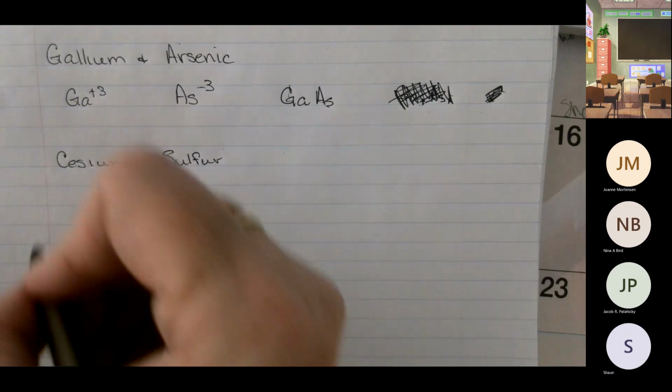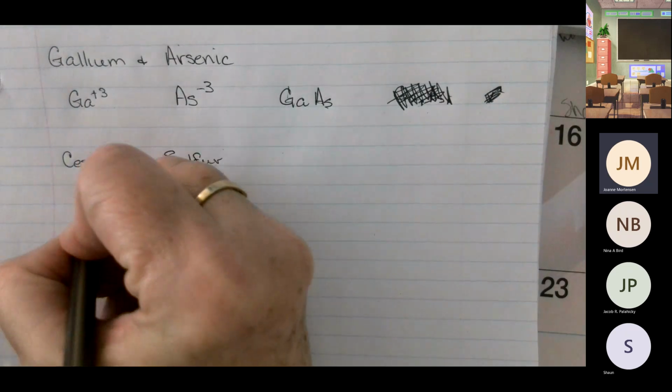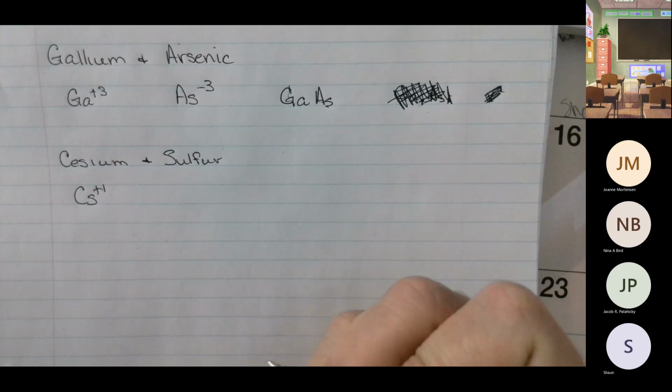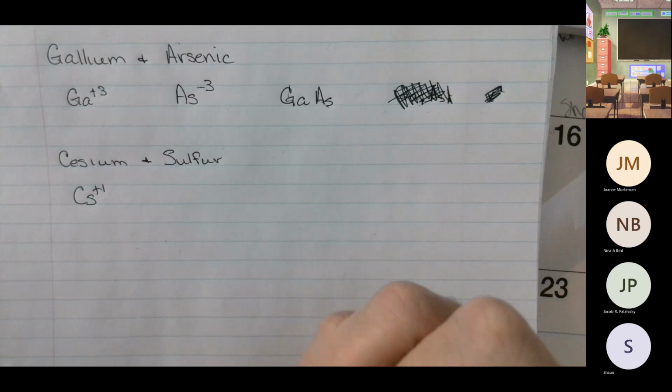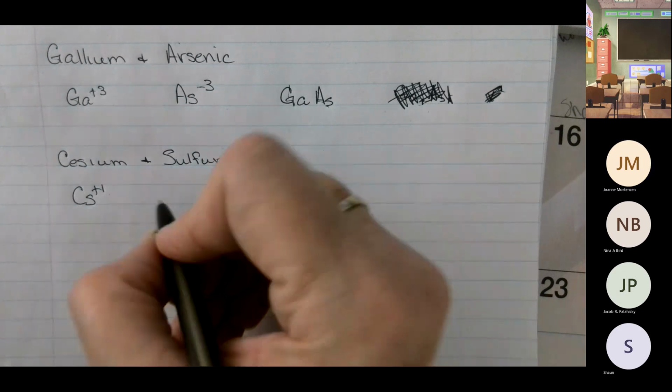Table 1. Plus 1. So what's the symbol for cesium? Yeah, what letters? There we go. And sulfur? Yep, sulfide.